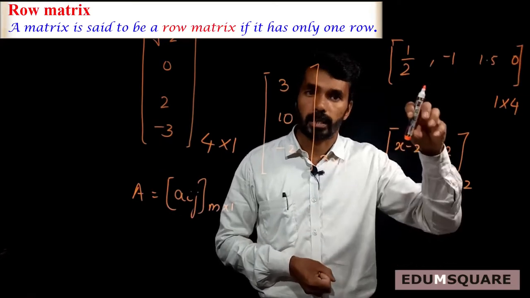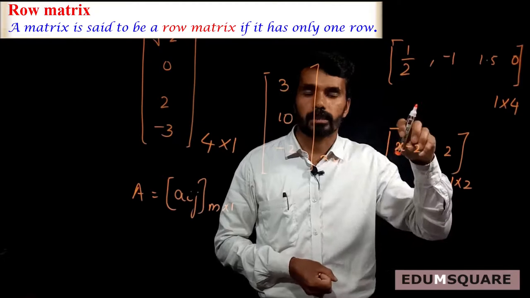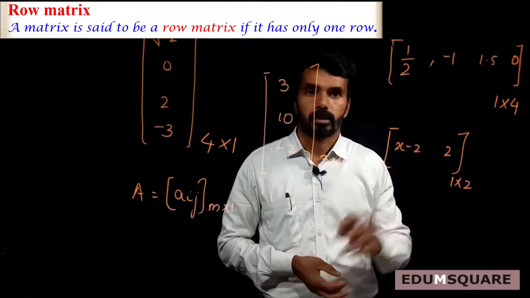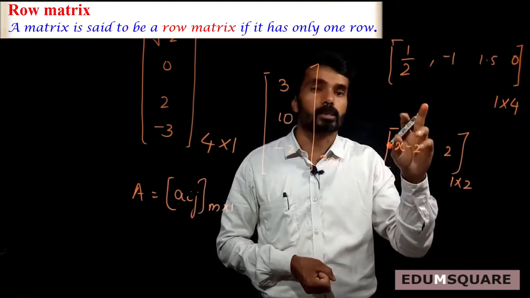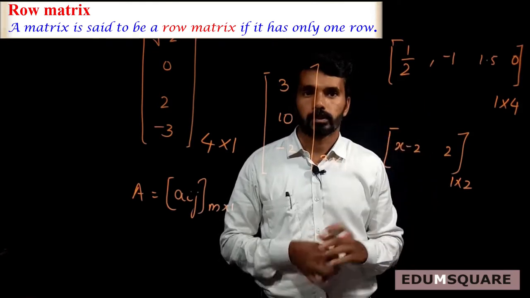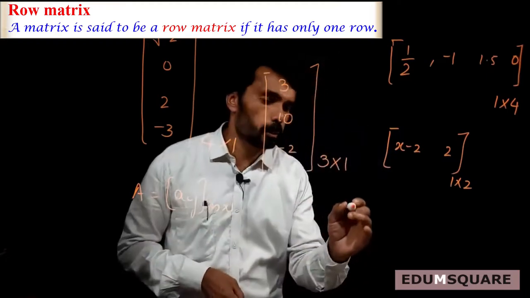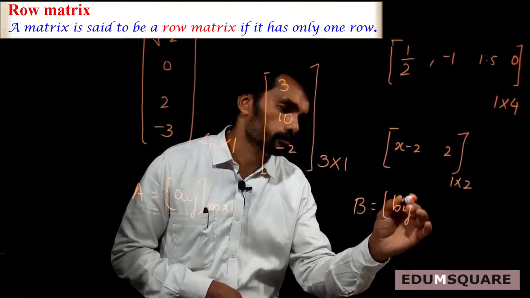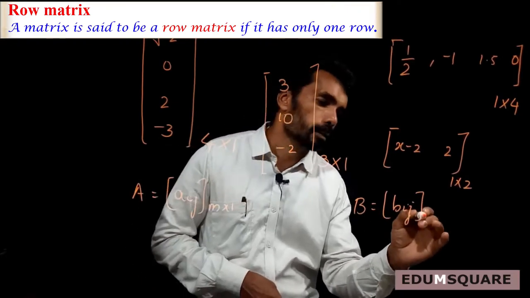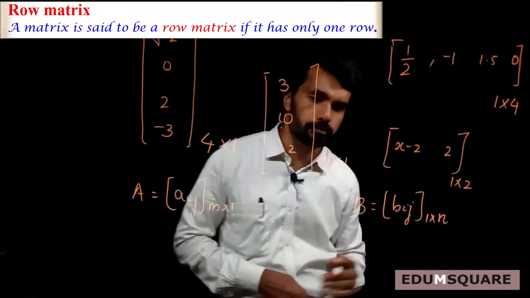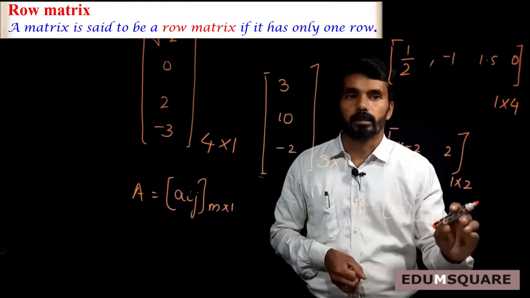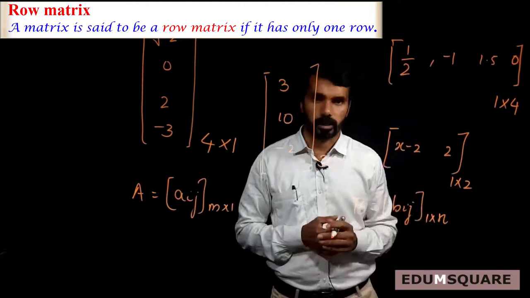From the name itself, let us assume the definition: a row matrix means it has only one row. In general, a matrix B equal to Bij of order 1 by n is called a row matrix.